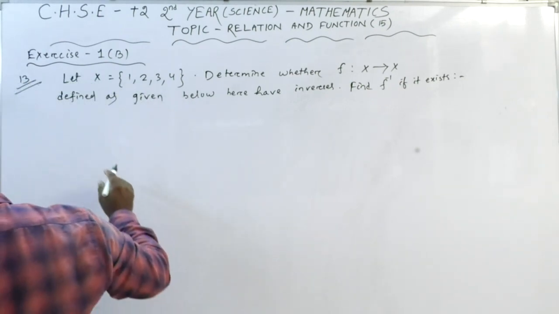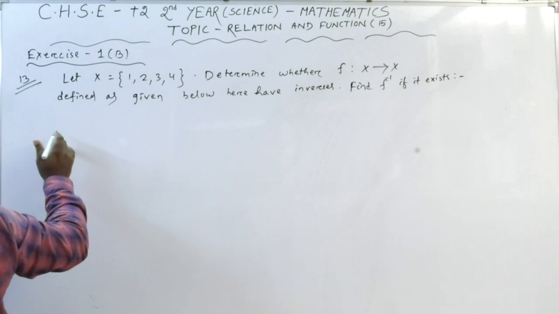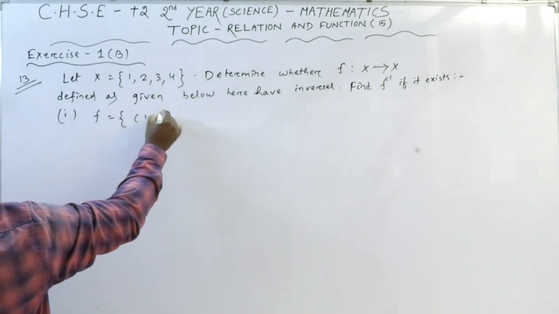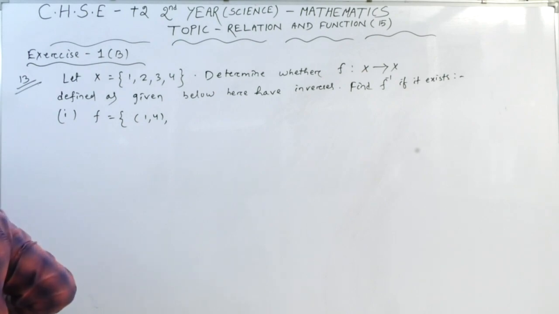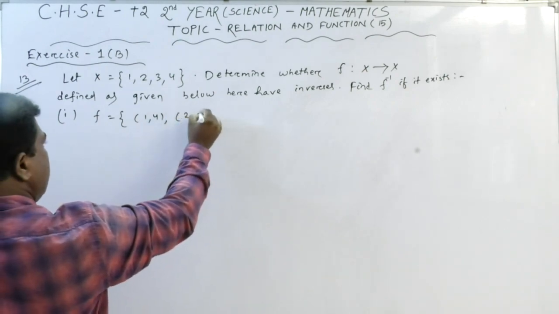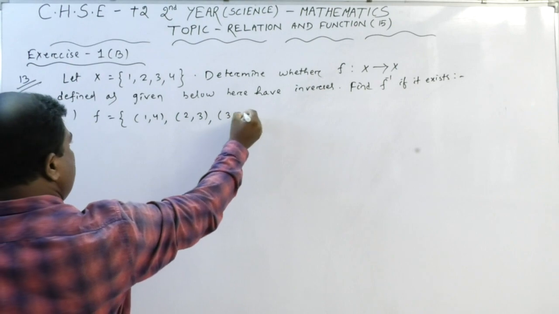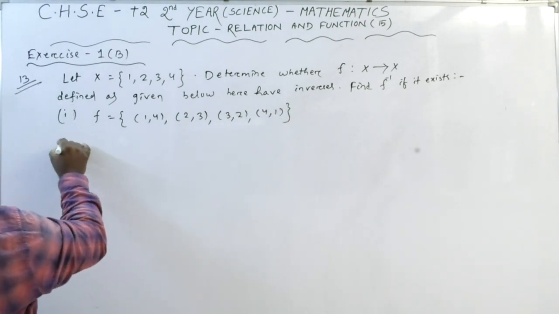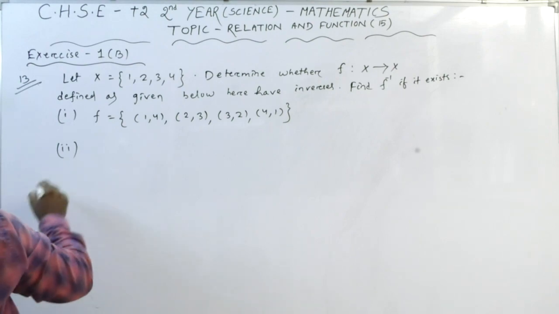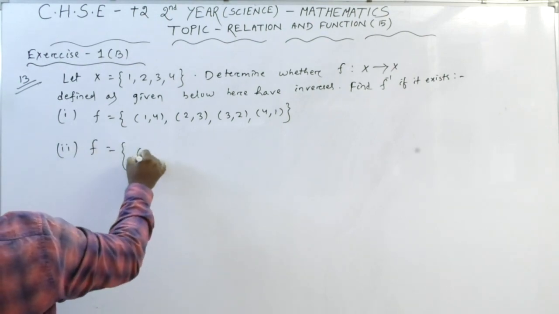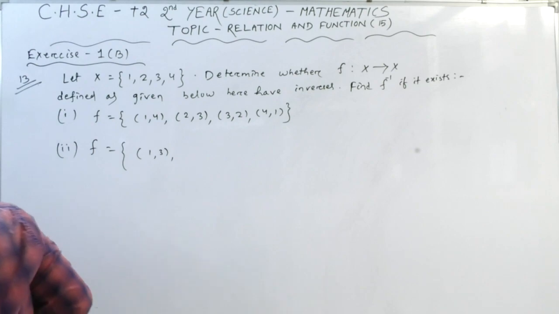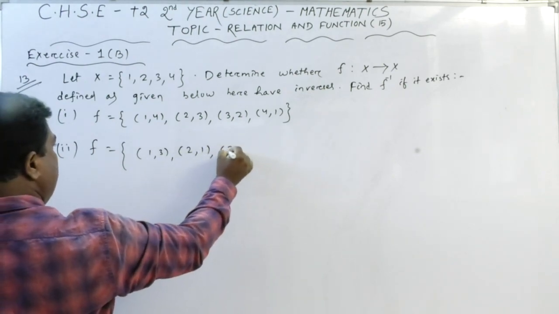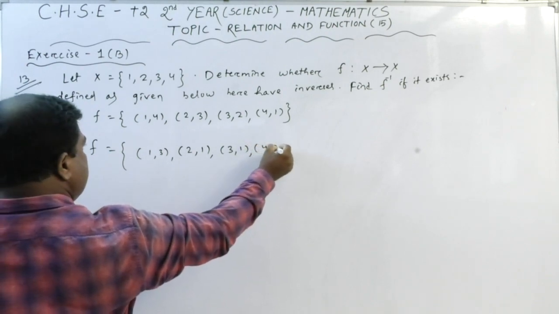And how to get f inverse? The first one is given as f equals {(1, 4), (2, 3), (3, 2), (4, 1)}. Now the second one is given as f equals {(1, 3), (2, 1), (3, 1), (4, 2)}.